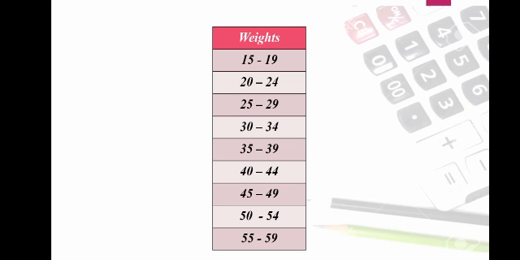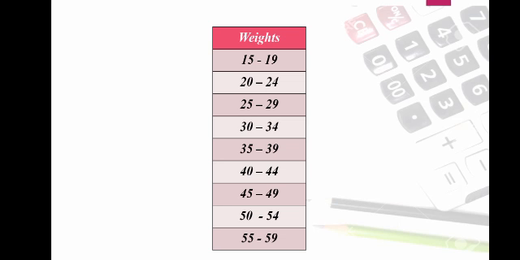As in the question, the interval between the classes is 5, because 20 to 24, 25 to 29 is there. So for checking the interval you can subtract two classes: 25 minus 20 will give you 5.